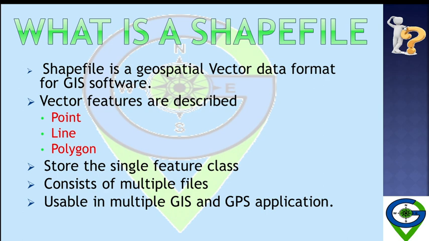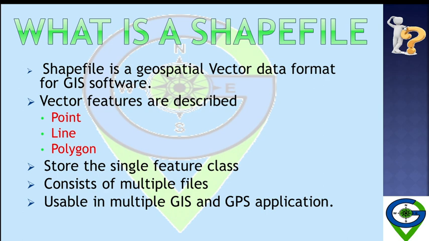Then the second property of a shapefile is that it contains multiple files. Means a shapefile is composed of many files. And what makes it more versatile is that they are usable by multiple applications.